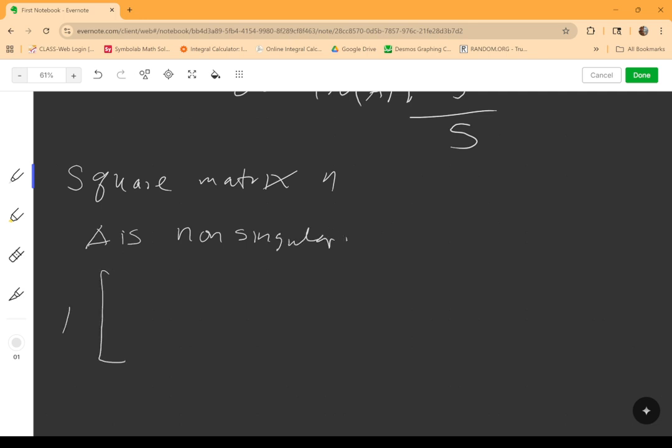So that means here we have our matrix A, and it's non-singular. Whatever this looks like in here, it has n by n elements, so there are n columns and n rows.